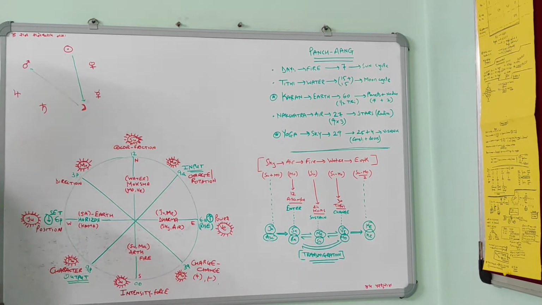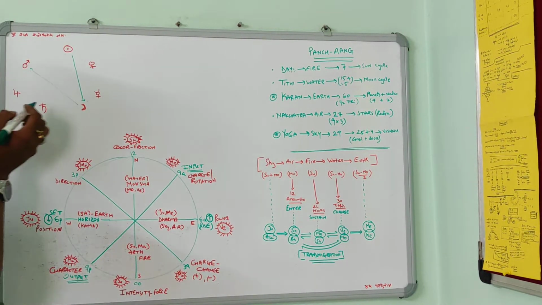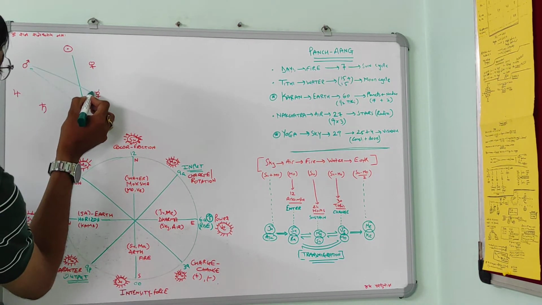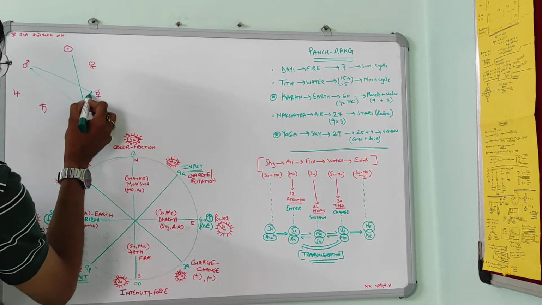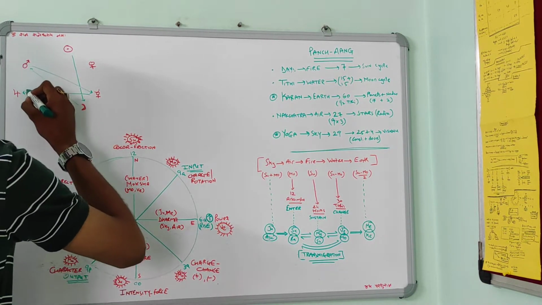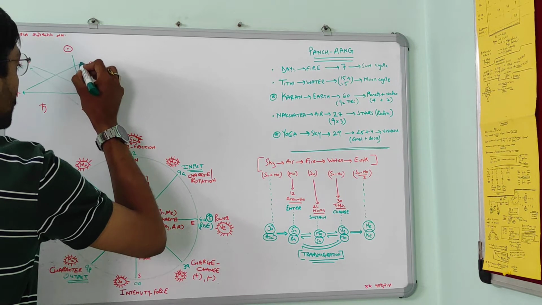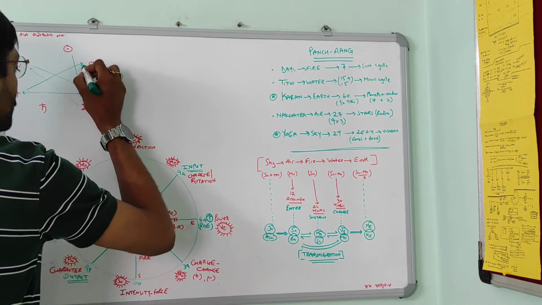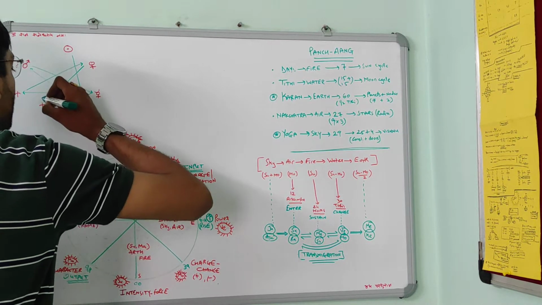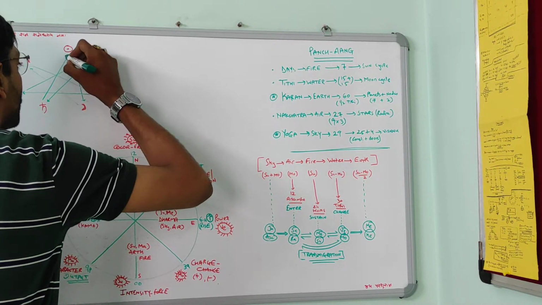From Tuesday we are going to Wednesday, that is Mercury. From Wednesday we are going to Thursday. From Thursday we are going to Friday. From Friday we are going to Saturday. From Saturday we are going back to Sunday.